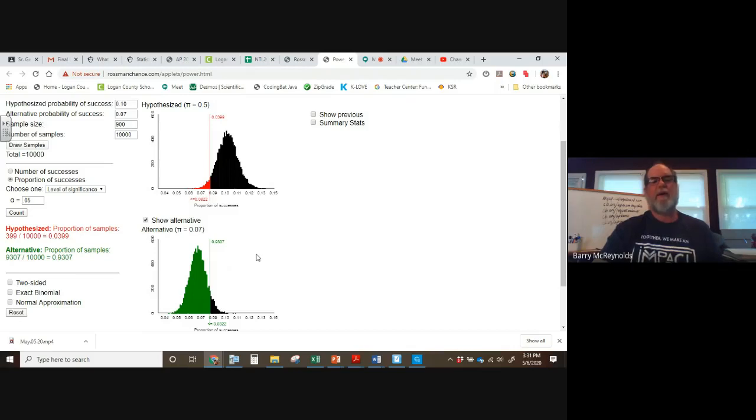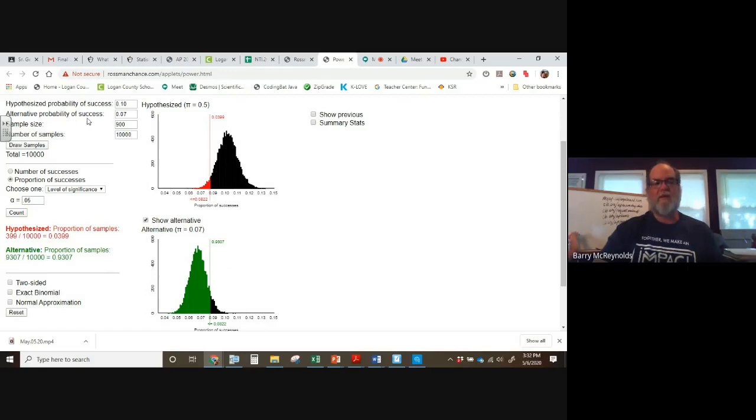Now, one thing I need to point out is that when you're looking at a graph, especially for type 1 and type 2 error, you have to recognize what the alternative hypothesis is. In this case, the alternative was less than. So the type 1 error is going to be to the left of the p-value, and the type 2 error is going to be to the right.